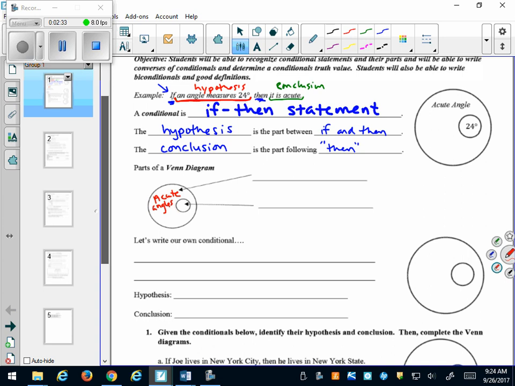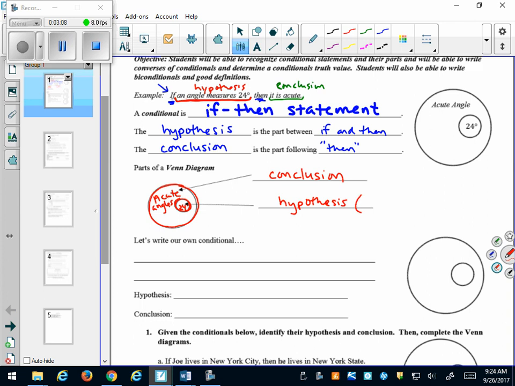And inside the littler circle here would be the 24-degree angle, because that's a subcategory of the big acute angle classification. So the big part is always going to be your conclusion, right? And the part that's smaller, and 24 degrees in this case, that's where your hypothesis goes.